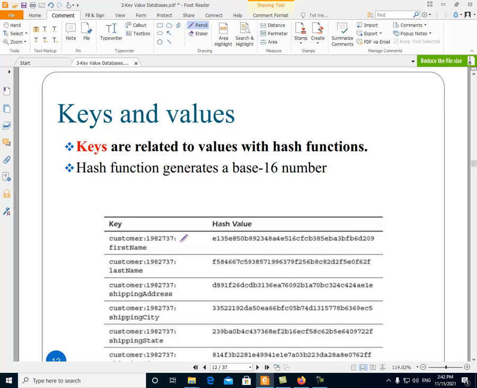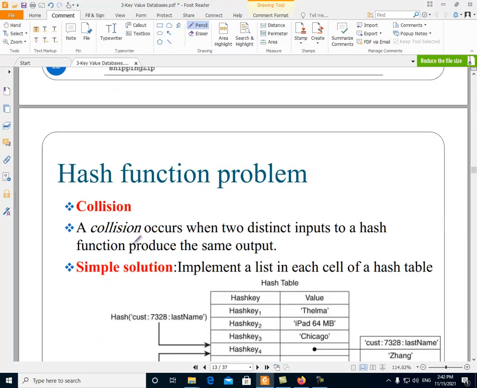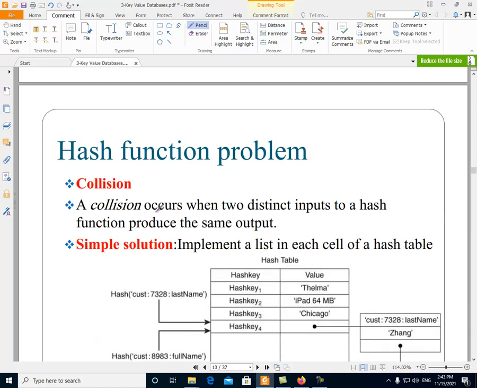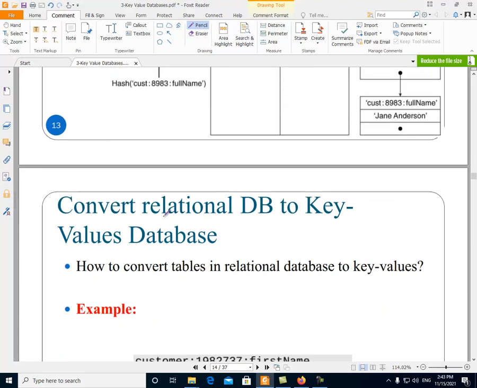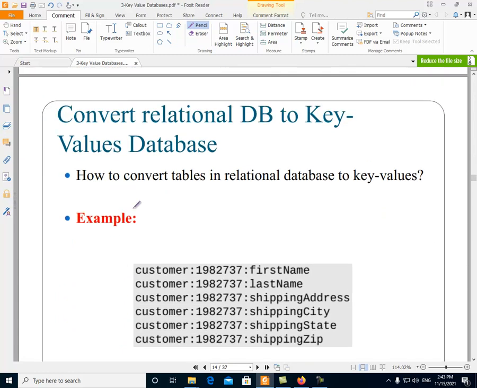We get the hash function of the key, and then we store the value in the address that the hash function generates. Okay, we store the values in that place on the hard disk. And there was a problem in the hash function that we talked about: collision. And then we said, how could we convert a relational database to a key value database? Okay, we talked about it.